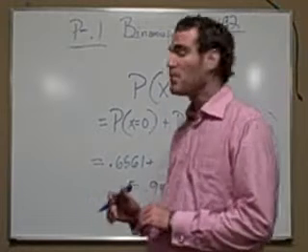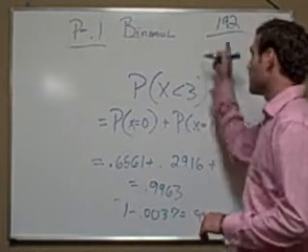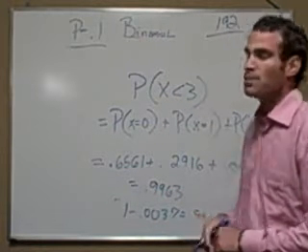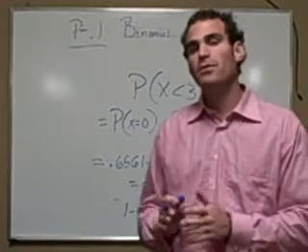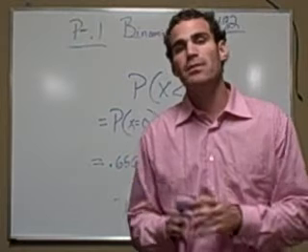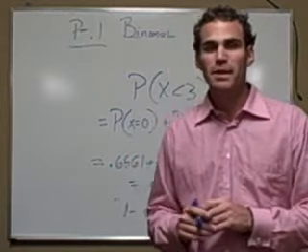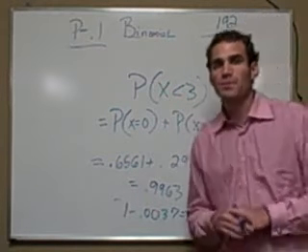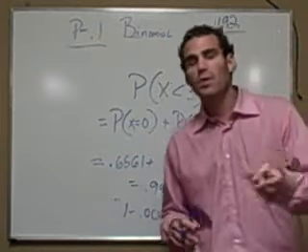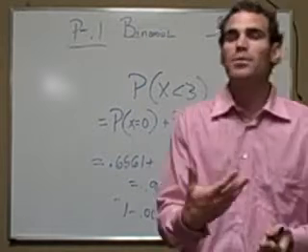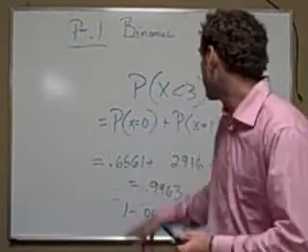Again, in example 5.3 on page 192, we start and look at the probability that X is less than 3, or the probability that less than 3 of my patients go into remission. That's not defining if it's 2, 1, or 0. I'm asking the probability that it's less than 3.